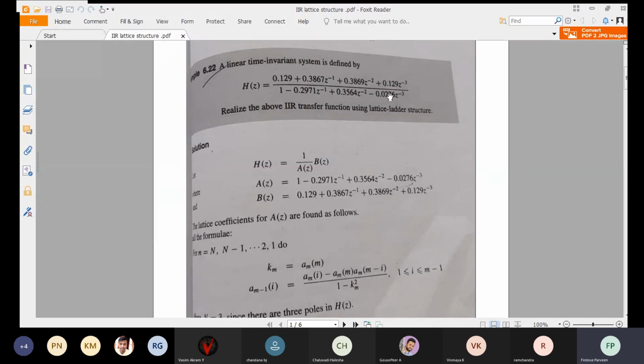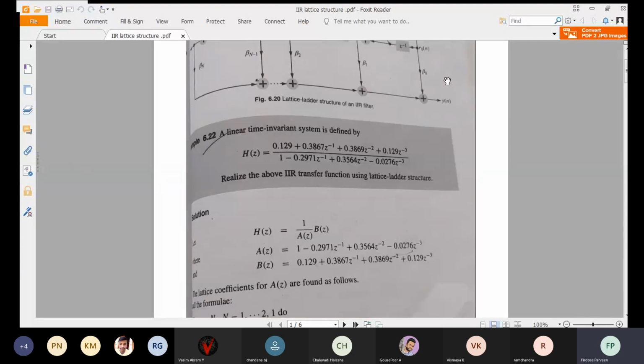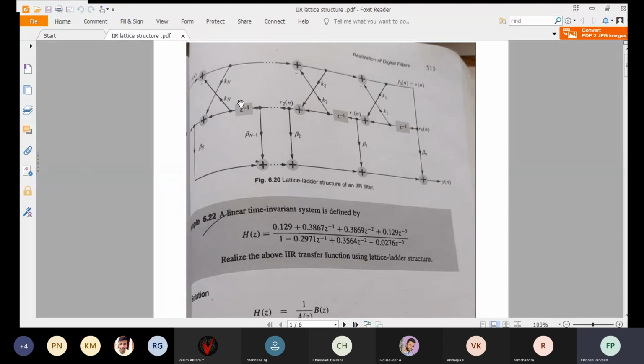These are the coefficients which we have to find out to draw the IIR lattice ladder structure. This is called the lattice structure and this is called the ladder, so in combination it is called the lattice ladder structure.